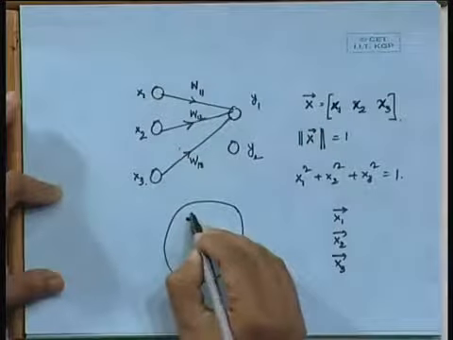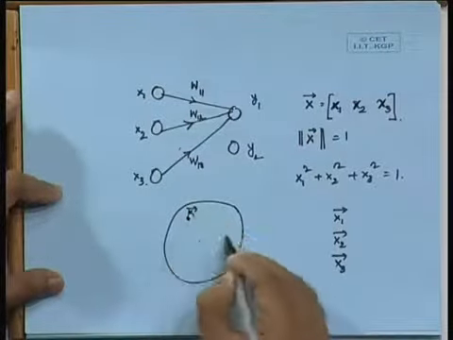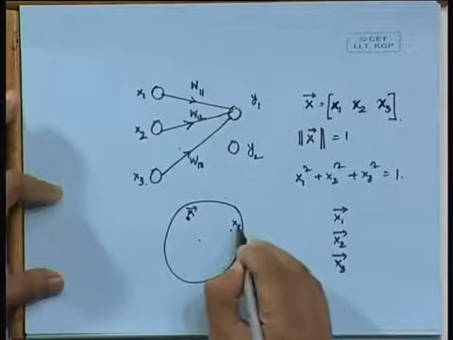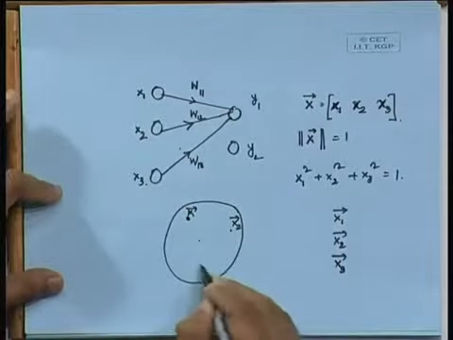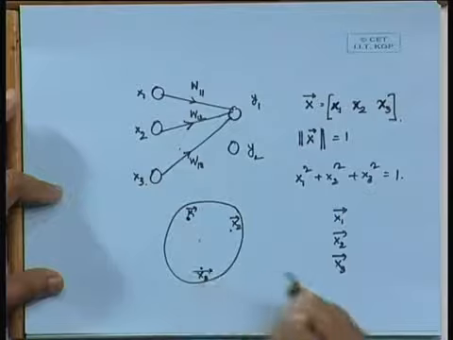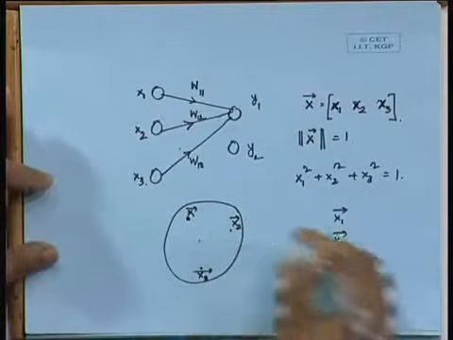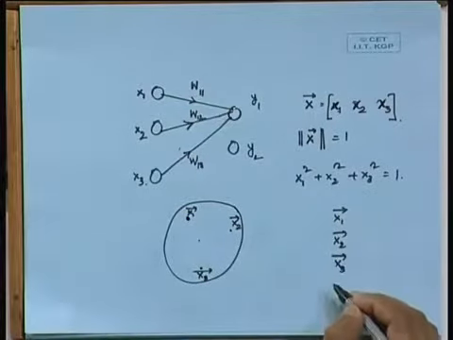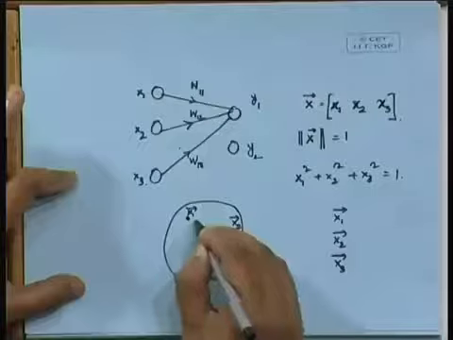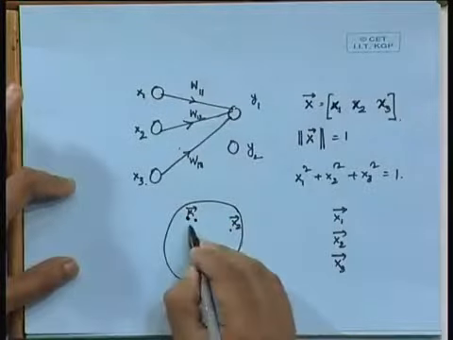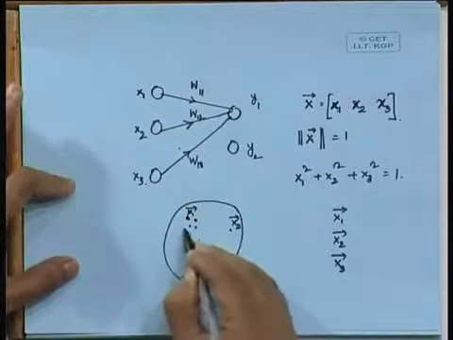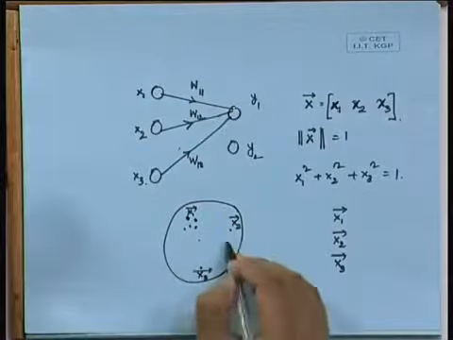Supposing that this is where we have the x1 vector, this is where we have the x2 vector, this is where we have the x3 vector, like that. Now, we are not going to have just 3 patterns, maybe 4, 5, 6, 7, a large number of patterns could be there. So, maybe here we have got another vector, here another vector, like that many vectors are there.